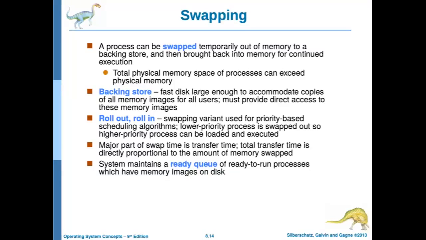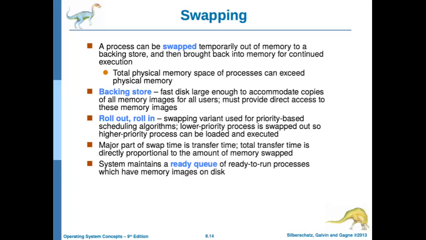I was just talking about how, whenever there is space in the main memory because a few processes have completed successfully, the processes on the backing store, that is on the swap space, need to be taken into the main memory. For that, the operating system maintains a ready queue of ready to run processes which have memory images on disk.